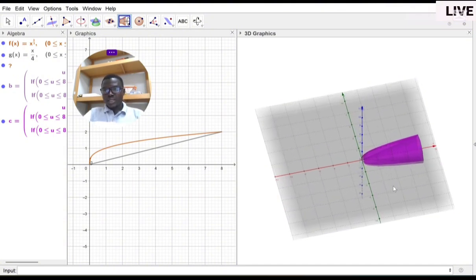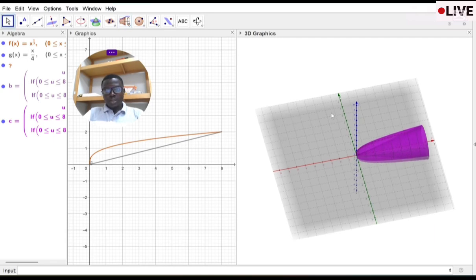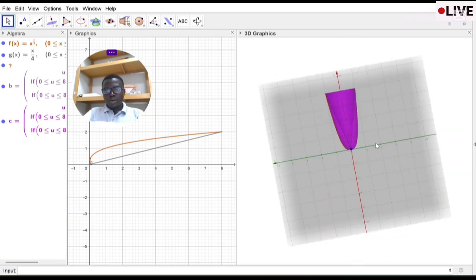So let's visualize it well. Let me go here and then put it here and then rotate the view so that you can see.